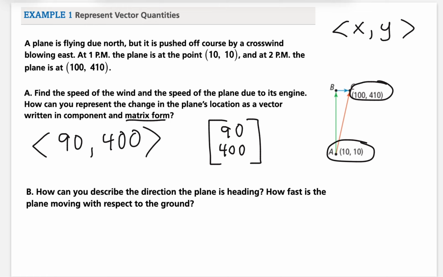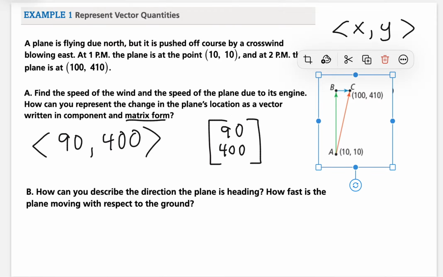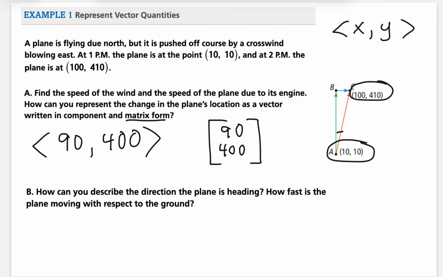So then part B says, how can you describe the direction the plane is heading? How fast is the plane moving with respect to the ground? So if we're trying to find that little angle in there, we're going to use inverse tangent, and we know that this distance is 90 and this distance is 400.